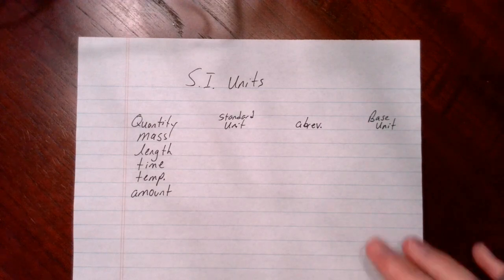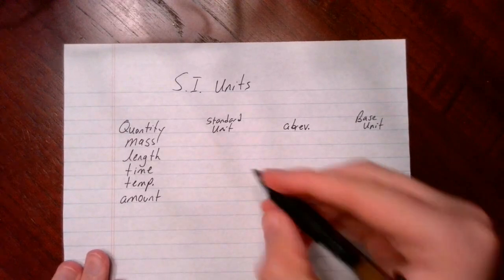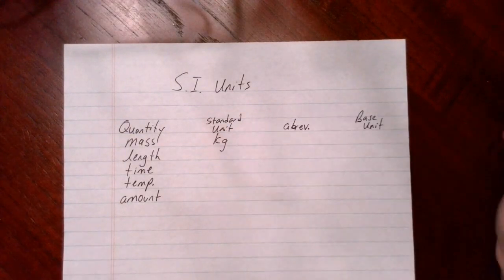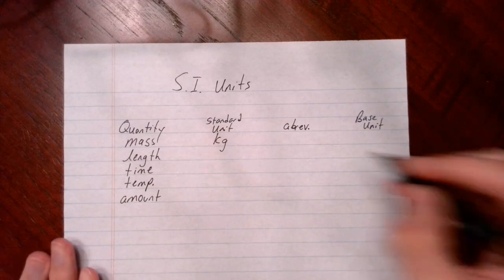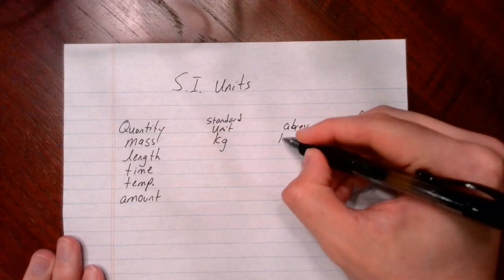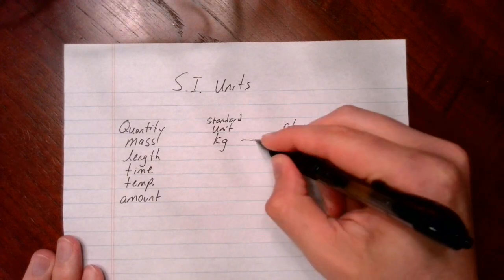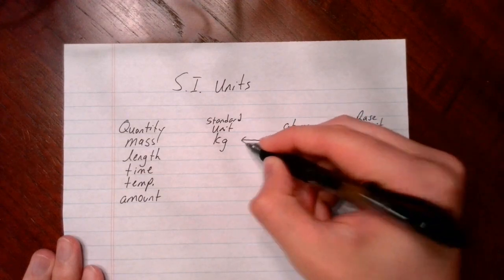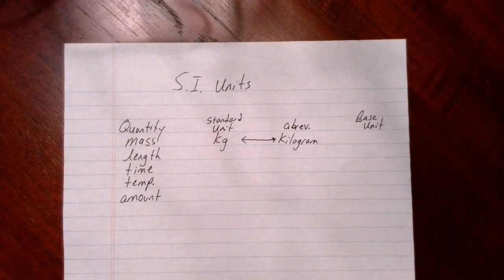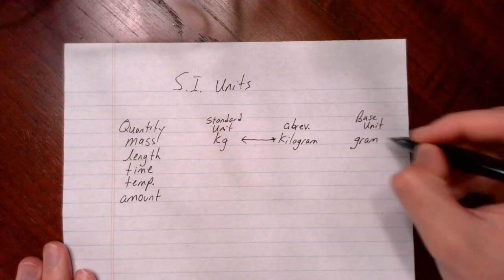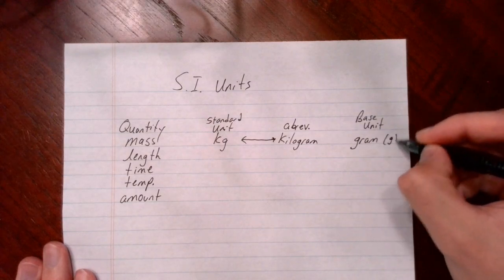The standard unit for mass is a kilogram. I guess I should have written that out. I'll write it down here. So you can reverse those 2. The standard unit is a kilogram, the abbreviation for kilogram is kg, and the base unit is a gram, or a little g there.